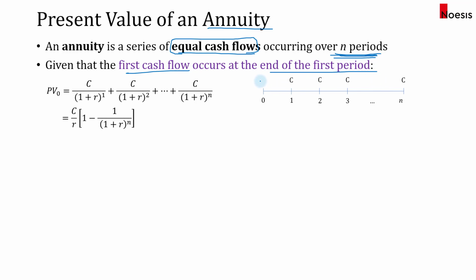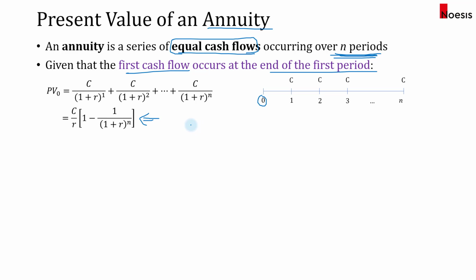Again, there's no cash flow at time 0. To find the present value, we discount all the equal cash flows based on the interest rate. A short form of it is this formula: the cash flow divided by R, multiplied by 1 minus 1 over 1 plus R to the power of n.